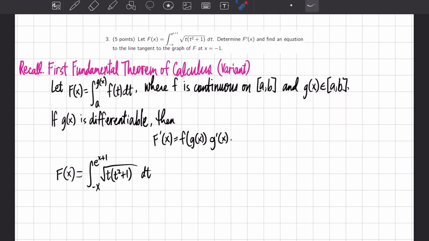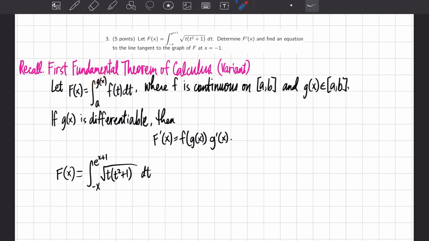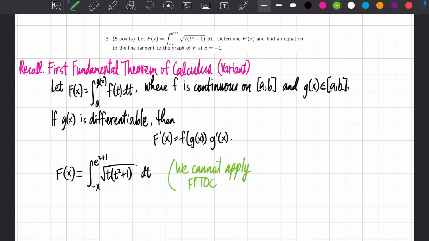What we can see here is that this one right here is a function, so that's fine. But the one below is also a function, not a number. So outright, we cannot apply the first fundamental theorem of calculus.